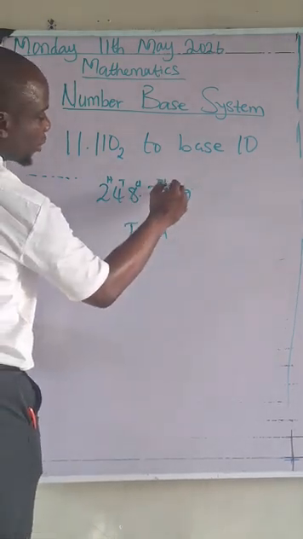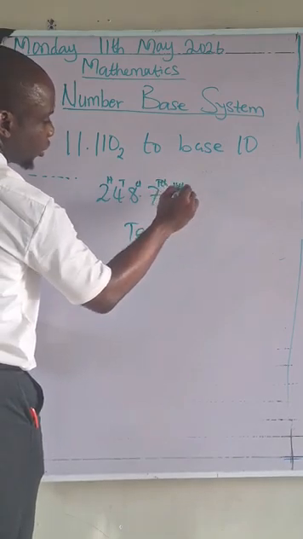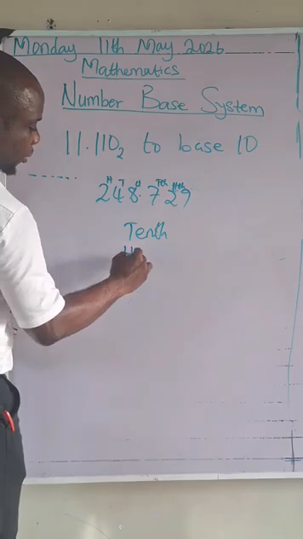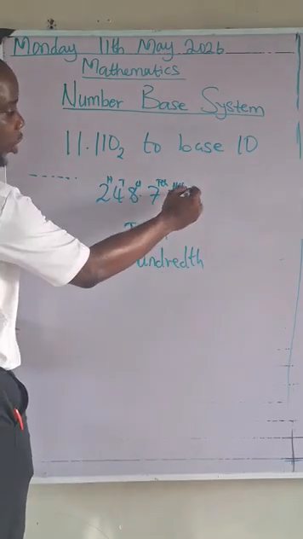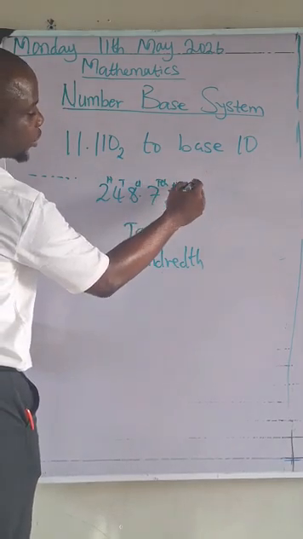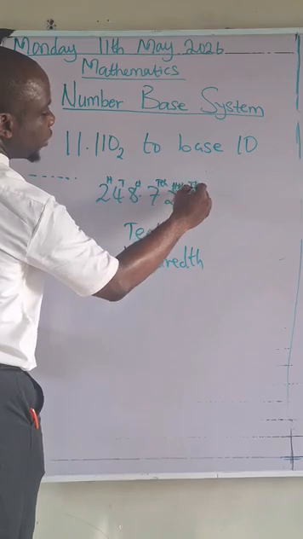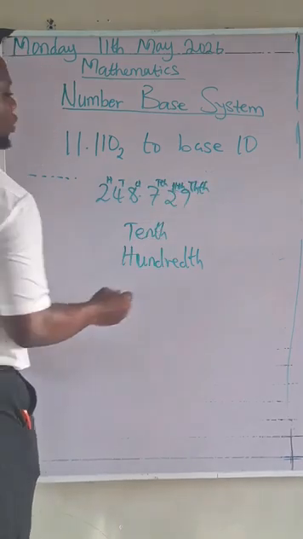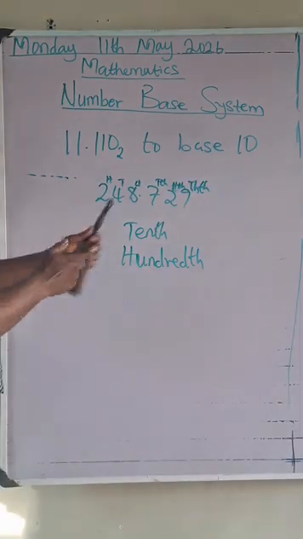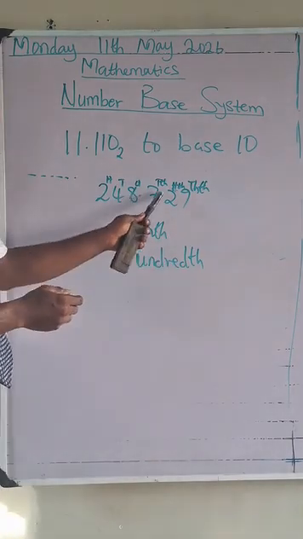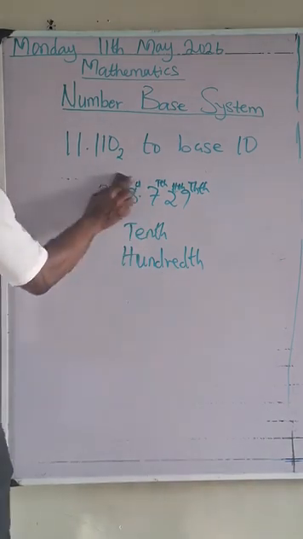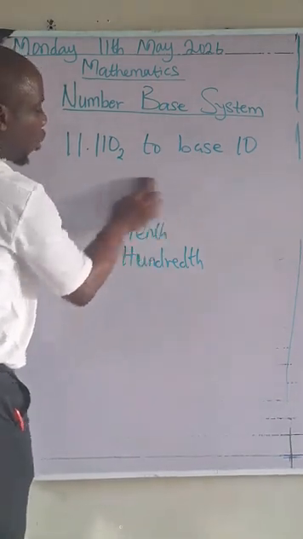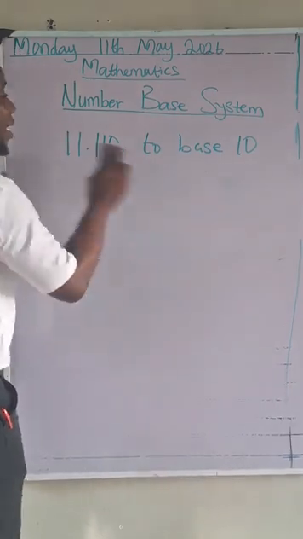So the next one is the hundredth. This one becomes the thousandth, right? This is what it means. You see, the formation changes. This one now is no more the same as this. The same thing happens in binary, or in any number system, with any number that has a decimal value.